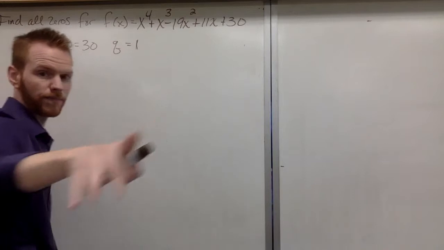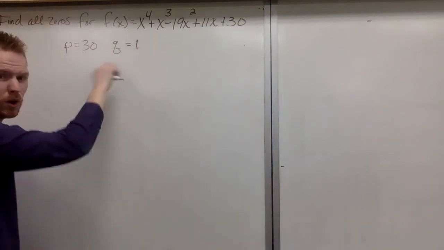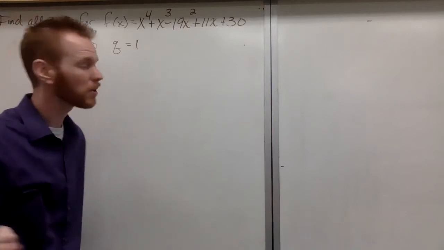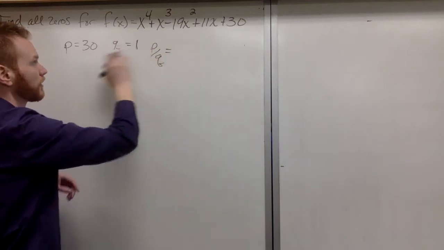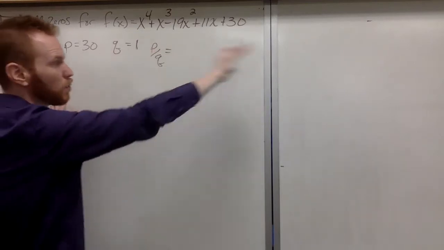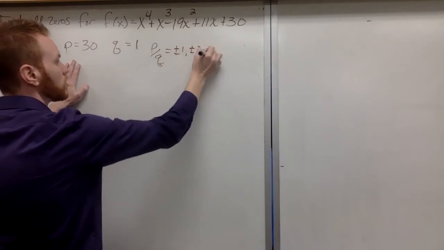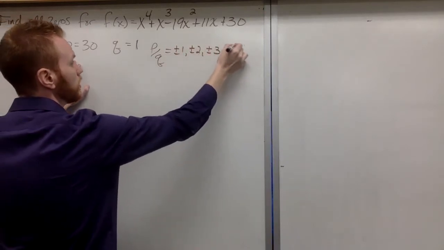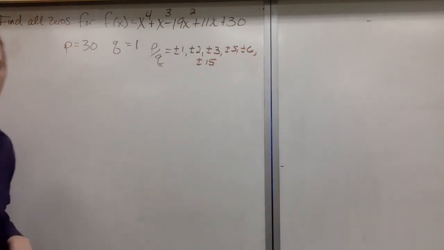Now, the corollary that we talked about yesterday says, hey, wait a minute. If Q is 1, then all my possible zeros are factors of P. Okay, perfect. So I don't have to worry about adding more factors. So factors of 30 would be 1, 2, 3, 5, 6, and 15, including the negatives, right?